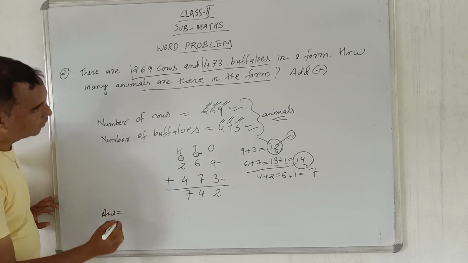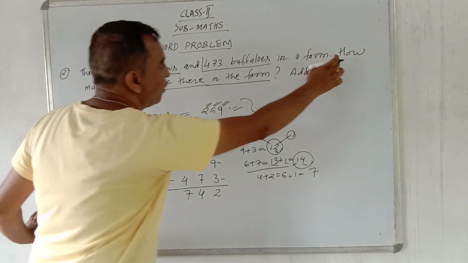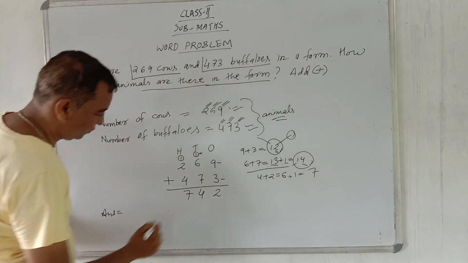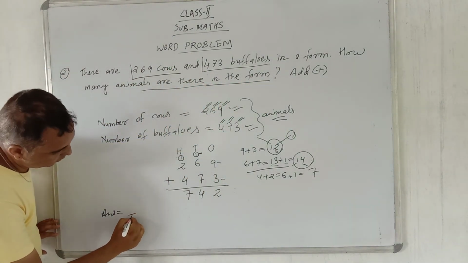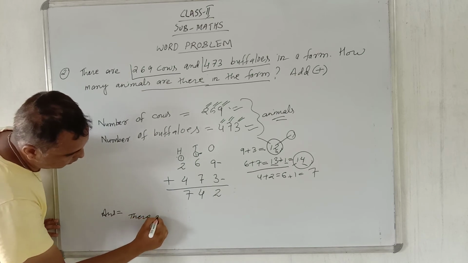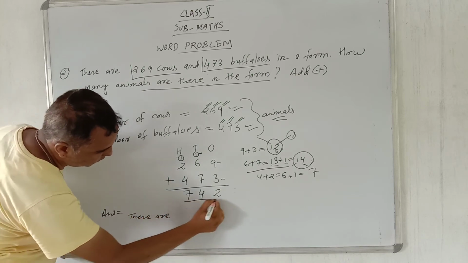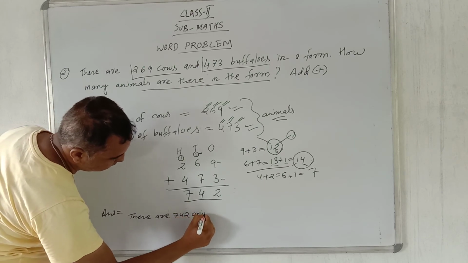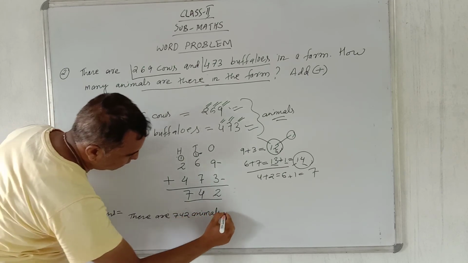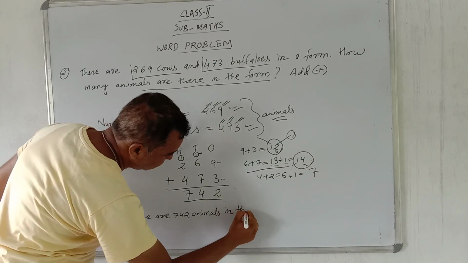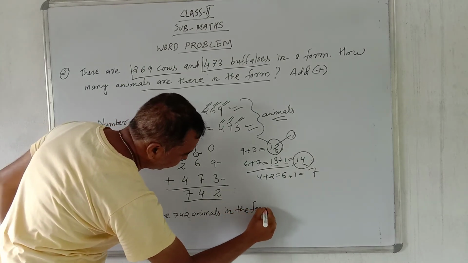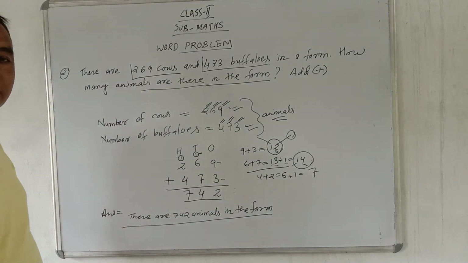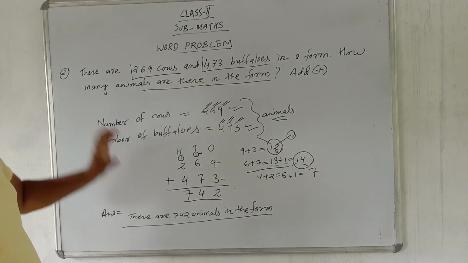That is what the question is asking: how many animals are there in the farm? So there are how much? 742 animals in the farm. Clear? You got it?